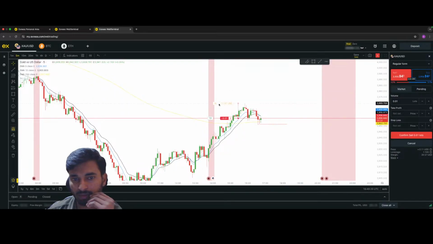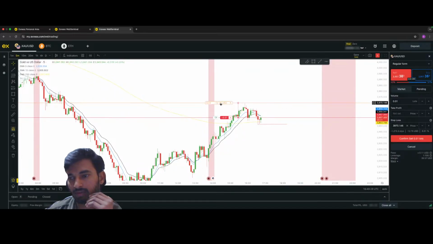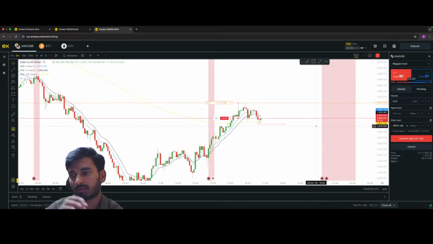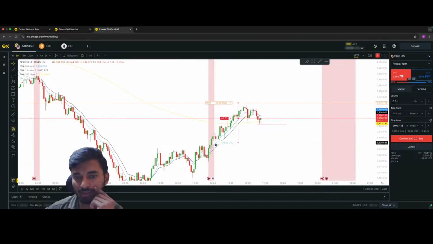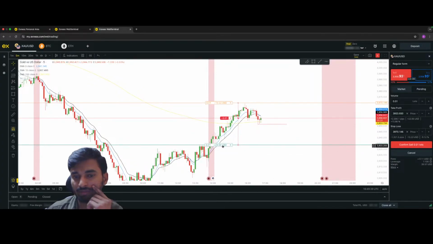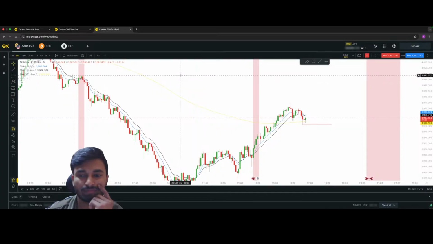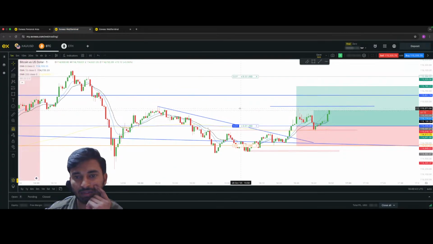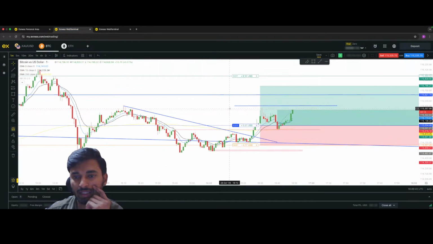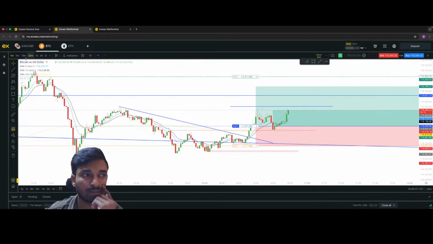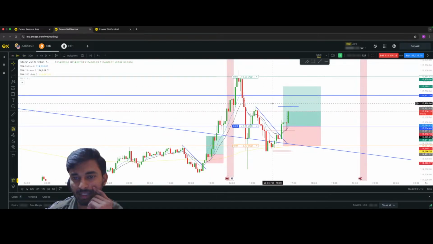Stop loss is above this. Oh, so much of stop loss. Leverage is only 1:100. Stop loss is huge and also the target might come huge here. Okay, so it is heading towards 1:1. Yeah, nice move, nice move.